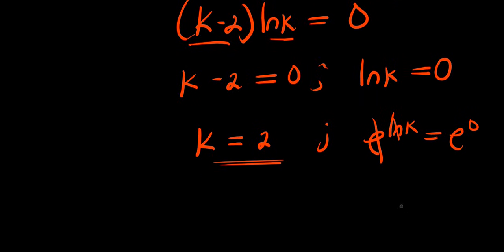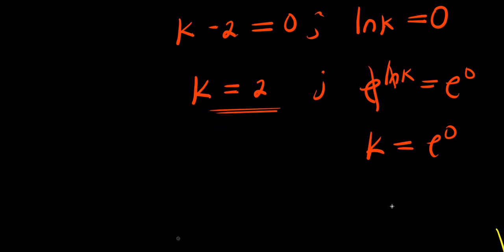So we have k equals e power 0, and e to the power of 0 is 1. So we have k equals 1. So right now we have two values again, k equals 1 and k equals 2. We can also decide to check and find out if these two values of k will satisfy the equation.